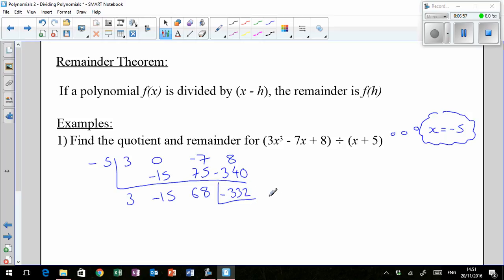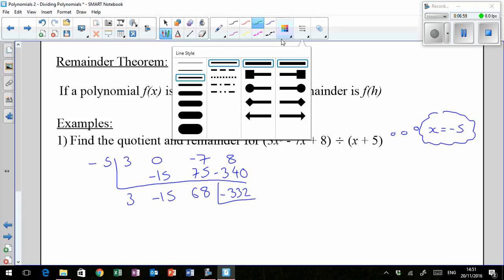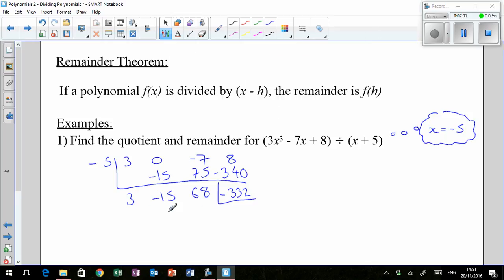Now from there, we can see the quotient, which we've been asked for, is down here. So the quotient is equal, well, we started off with x cubed, so this 3 is going to be 3x squared minus 15x plus 68, and the remainder is just in that box at the end, so the remainder is negative 332.